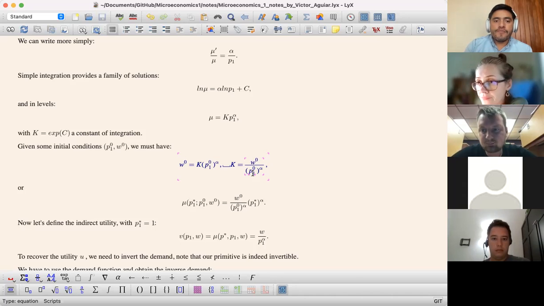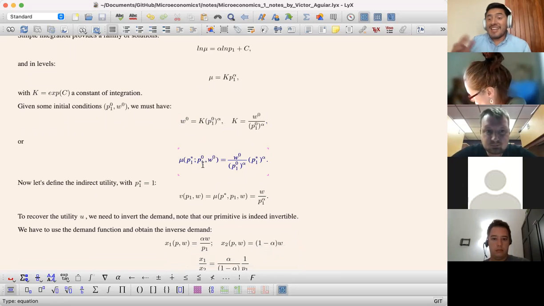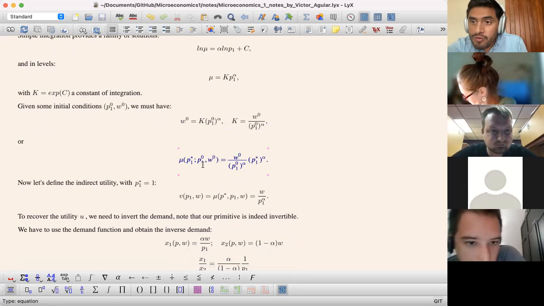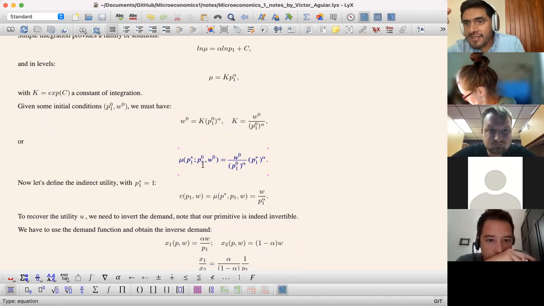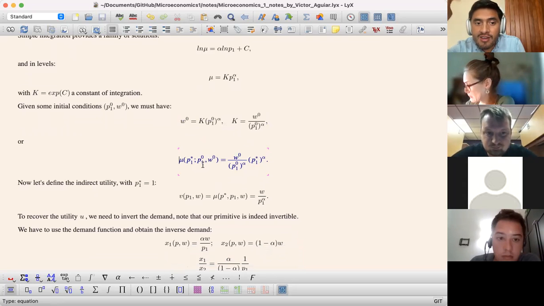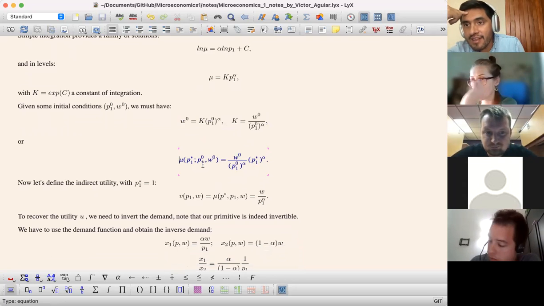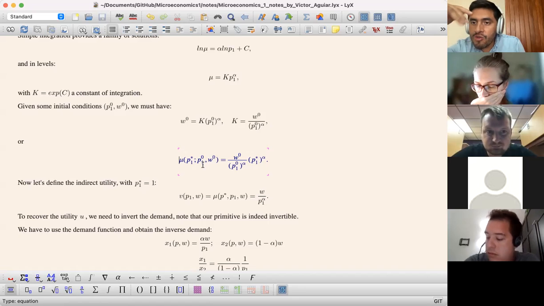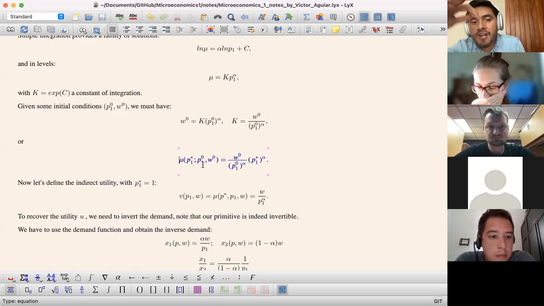Good. Now, this tells me something fun. Look, this mu was a function of prices, but it depends on a constant of integration that depends on the initial conditions P1 naught and W naught. So in fact, there's going to be a different constant of integration if I choose different P1 naught and W naught.